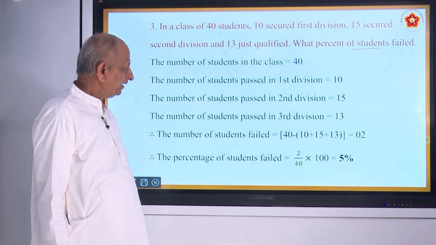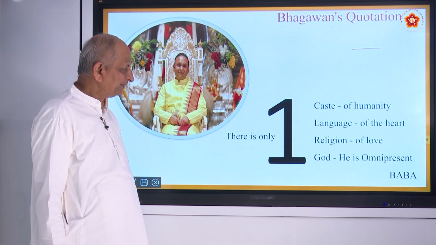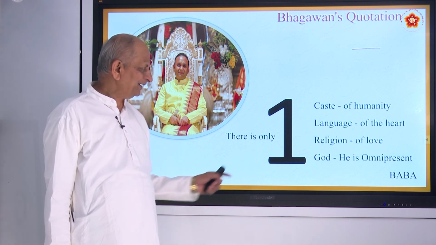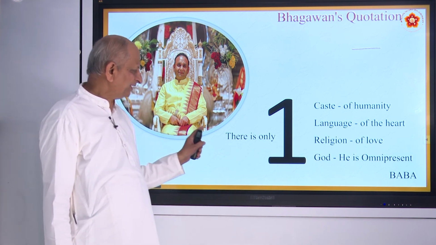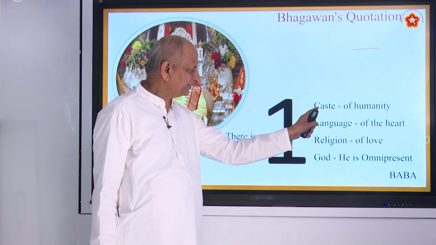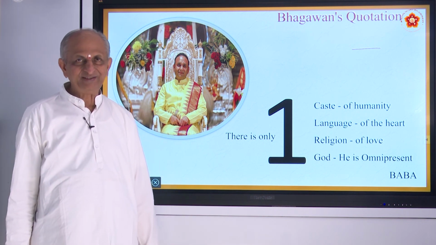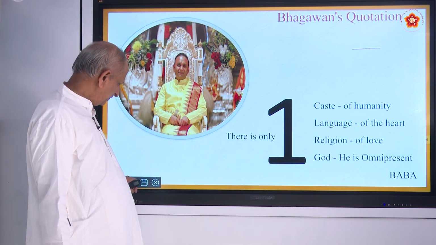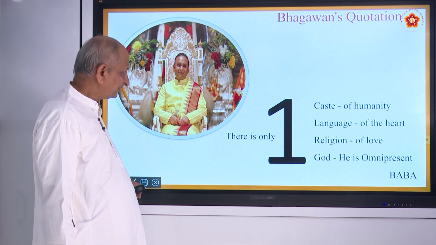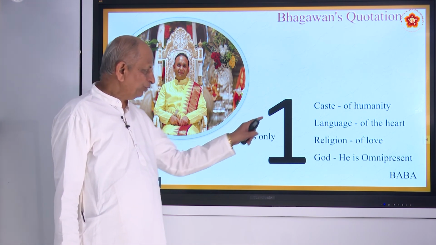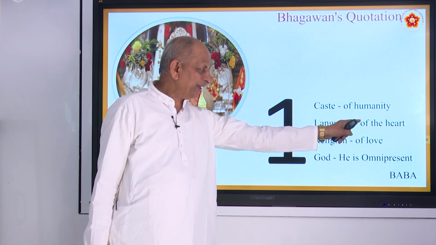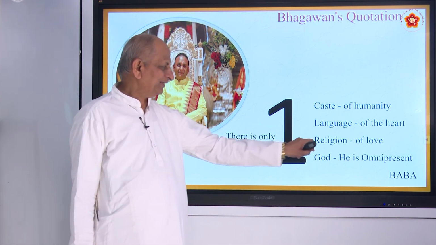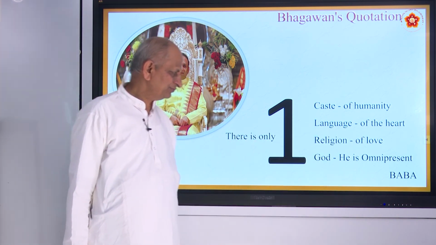Okay. Now we will see what Baba says about number 1. The symbol number 1 is, Baba says there is only one caste, the caste of humanity. He will not call any other caste. And he says only one language, the language of the heart. Only one religion, the religion of love.